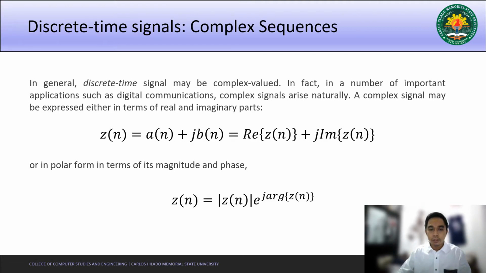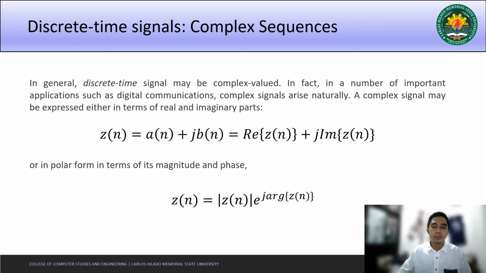So consider that in general, a discrete-time signal may be complex valued. In fact, in important applications such as digital communication, complex values arise naturally, with imaginary parts. So you have z of n equals a of n plus j b of n.